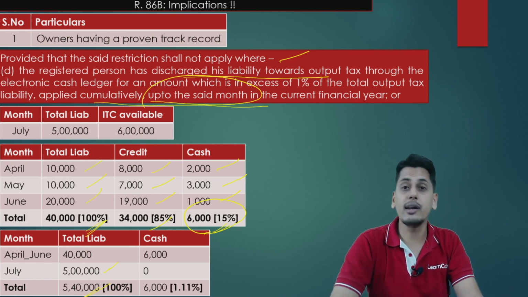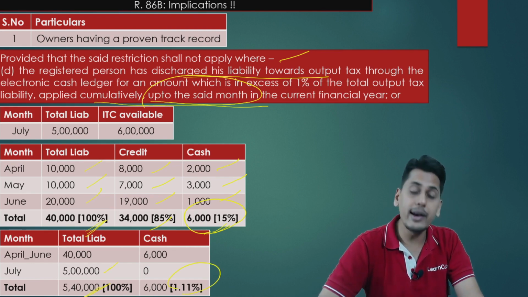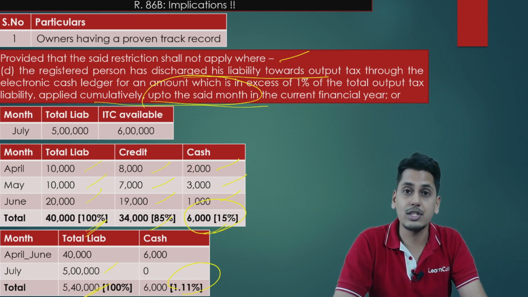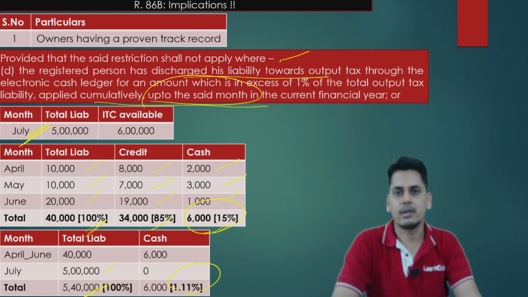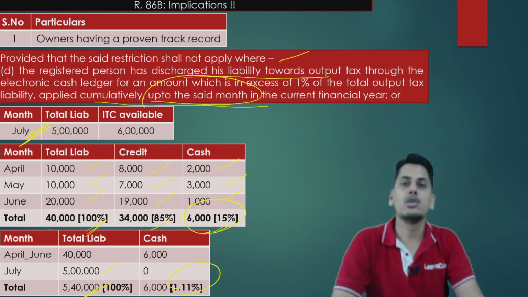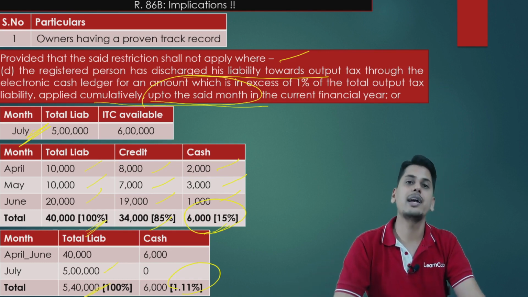The total liability is 5,40,000. 1.11% is already paid from the electronic cash ledger cumulatively, including the current month of July. So therefore, for this particular month, you have already satisfied 86B, even for the current month.